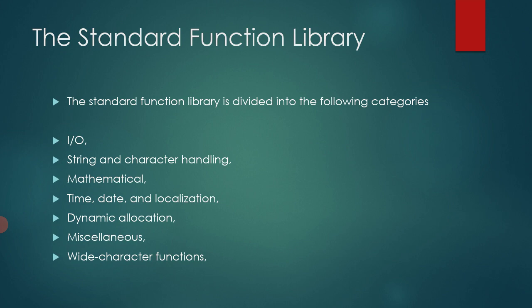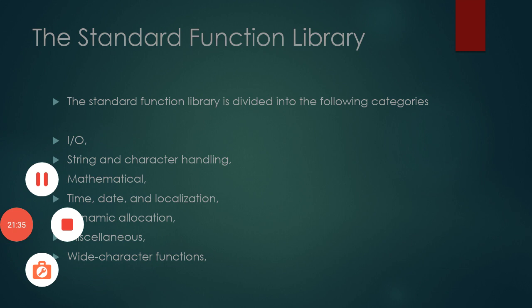Many different types of functions come under miscellaneous functions, and after that we have one more category, wide character function. So students, with this we have studied that in the standard function library we have all the basic and standard functions that we mostly require when we have to write a C++ program.